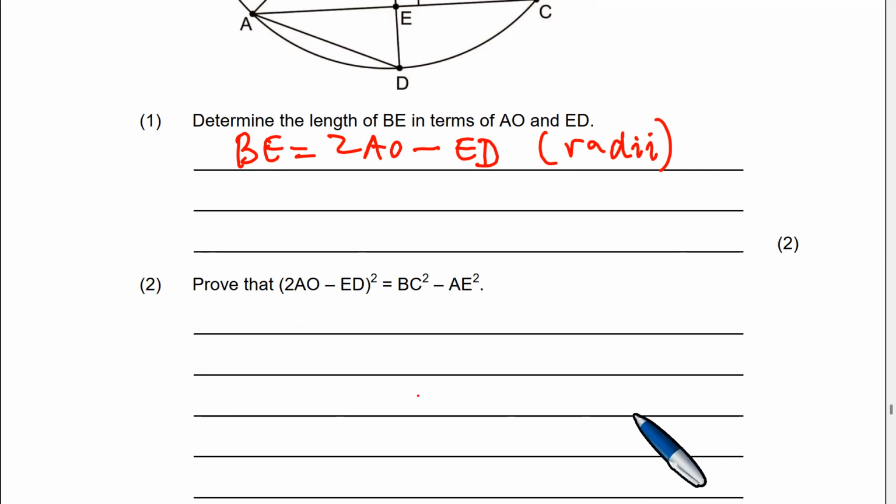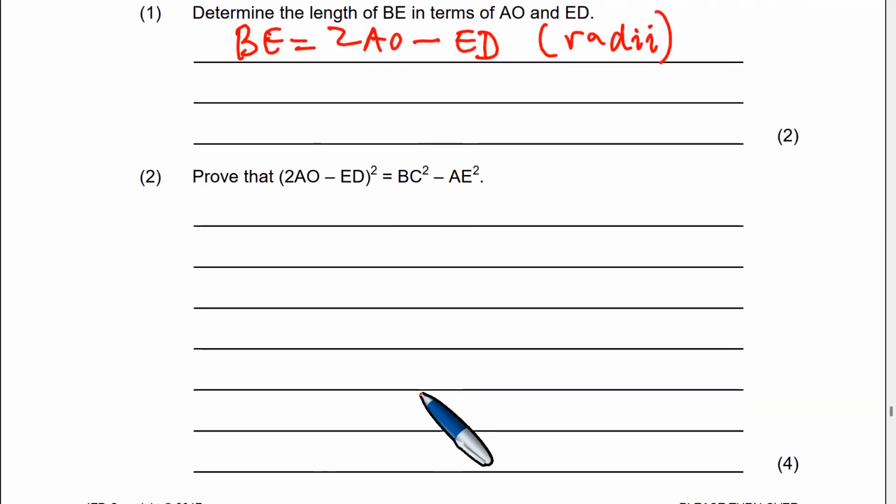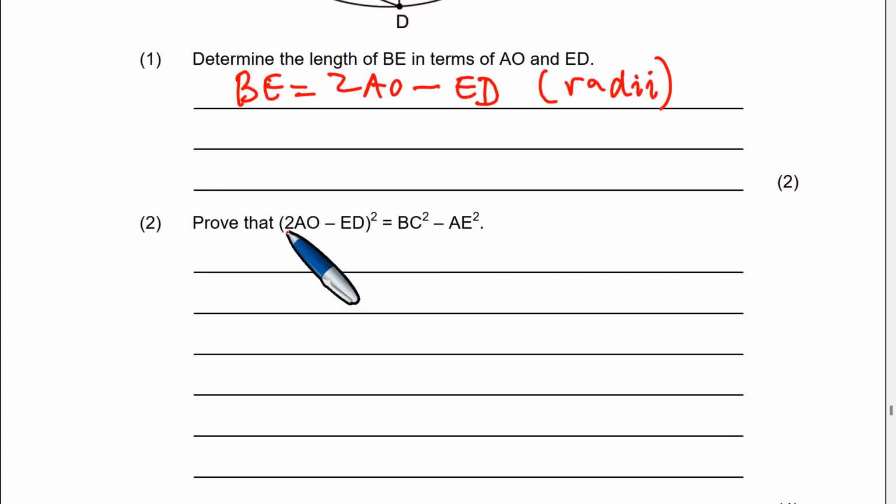Next question. Okay, now we need to prove this one. 4 marks. You need to prove that twice AO minus ED squared is equal to this. Right. Let's do this here.